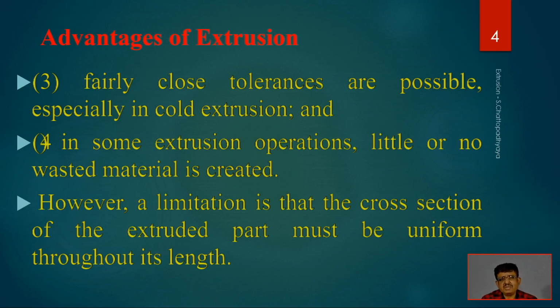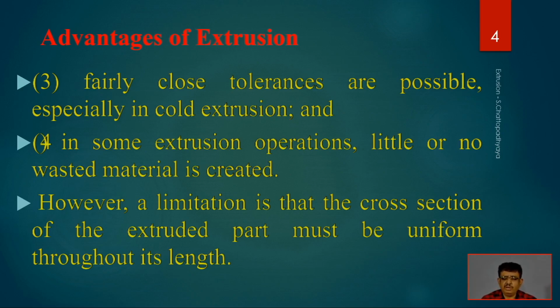But one limitation of the extrusion process is that the cross section of the extruded part must be uniform. If it is not uniform, it cannot be extruded, because we extrude long length items. But if it is uniform, productivity is terrific. Long products can be made and cut across accordingly, so productivity is not a problem.